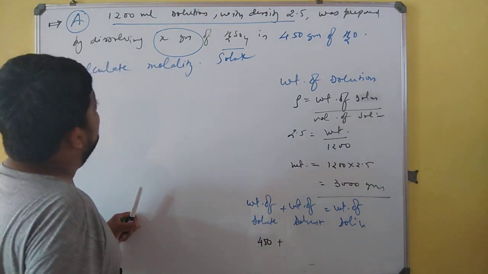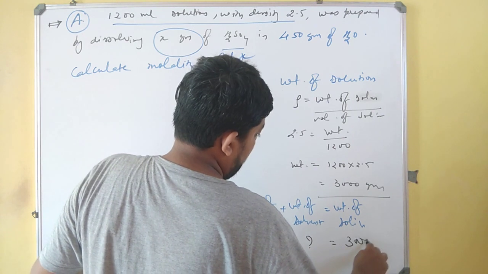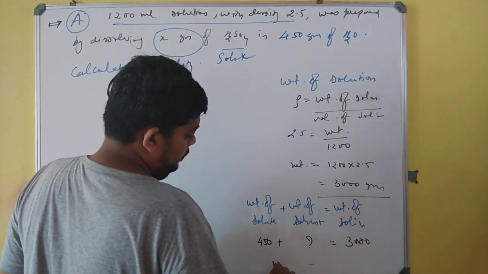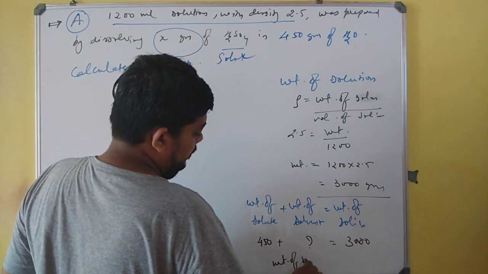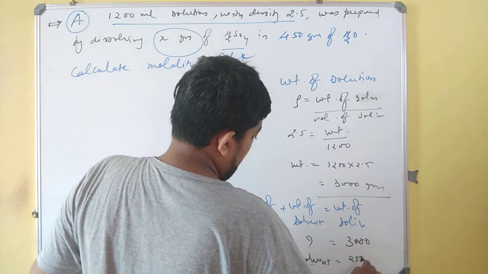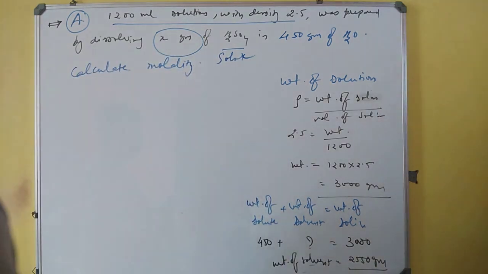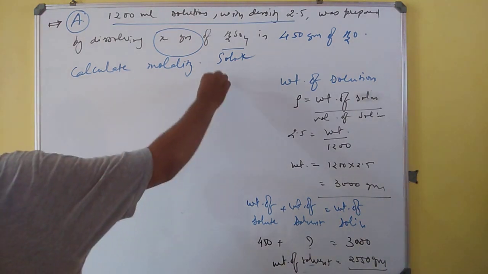So weight of solute will be 450, weight of solution is given 3000, so weight of solvent will be 2550 gram. Keep this in mind.